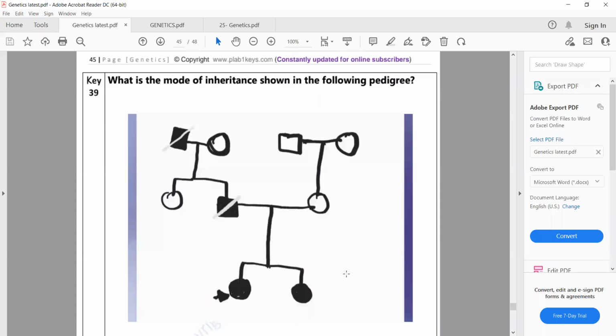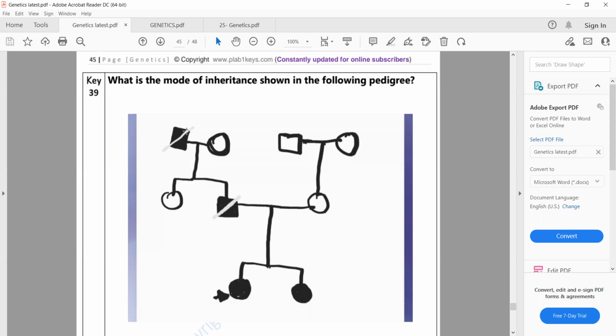So how are we going to decide that? Let's suppose it's autosomal recessive. For autosomal recessive, this male should have two abnormal genes, because we are supposing that this is an autosomal recessive pattern.